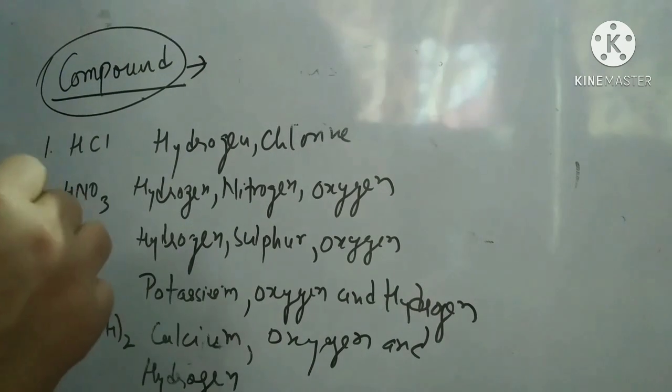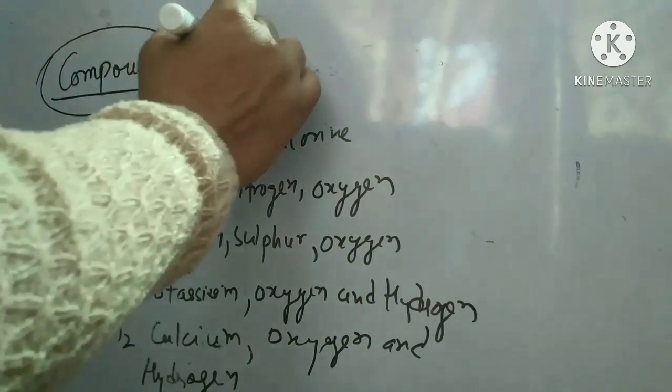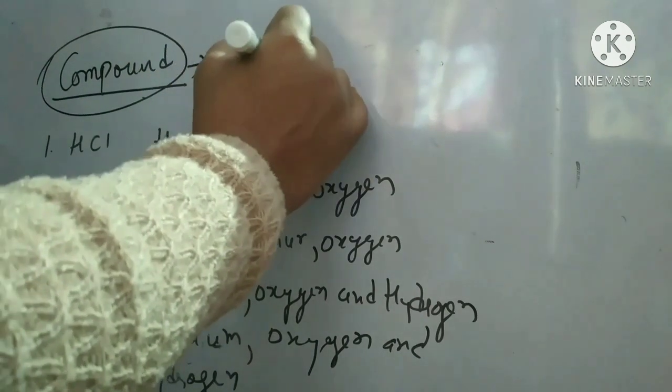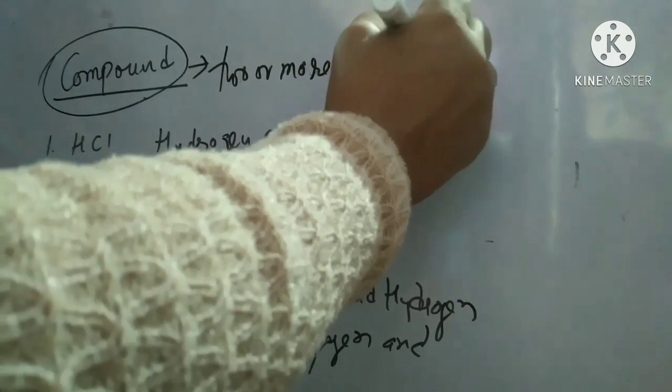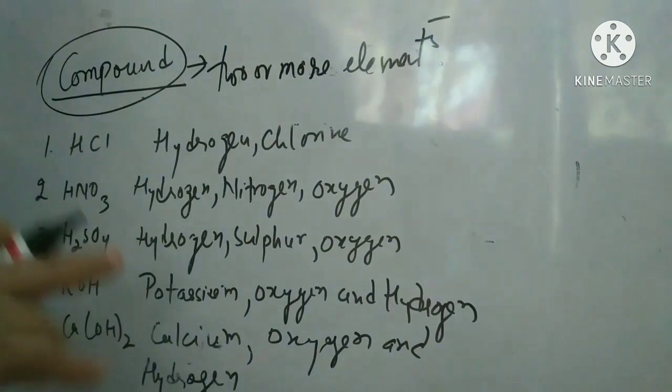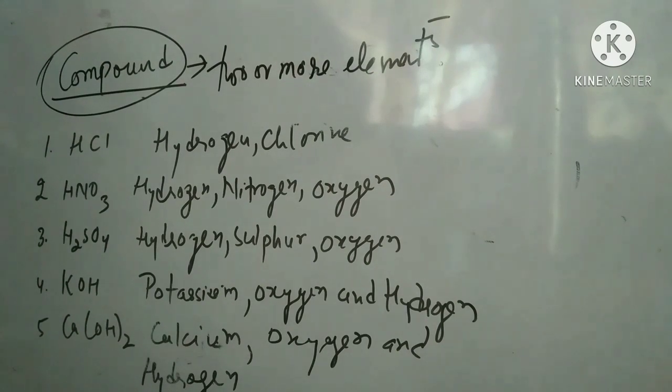Compound is a pure substance composed of 2 or more elements. So we can define it as a pure substance composed of 2 or more elements chemically combined in a fixed proportion. The characteristics of compound are: the components present in a compound are always present in a definite proportion.